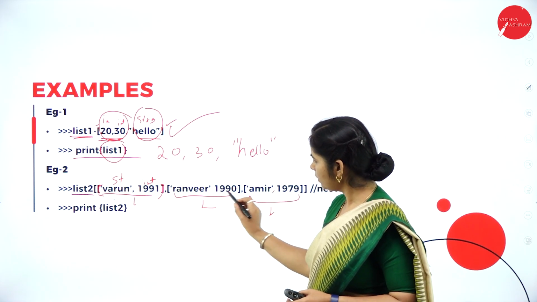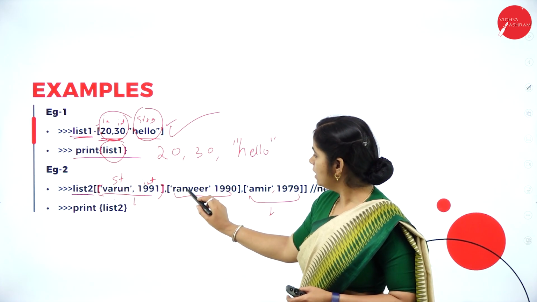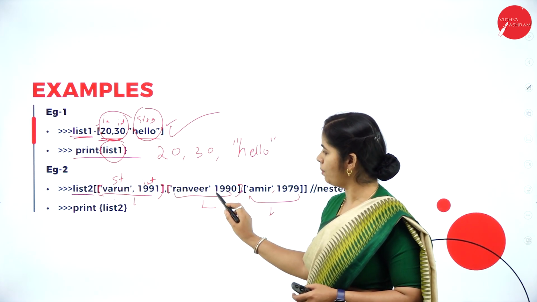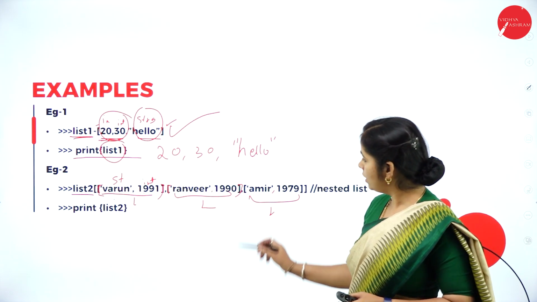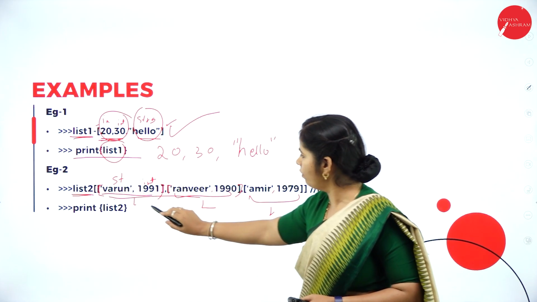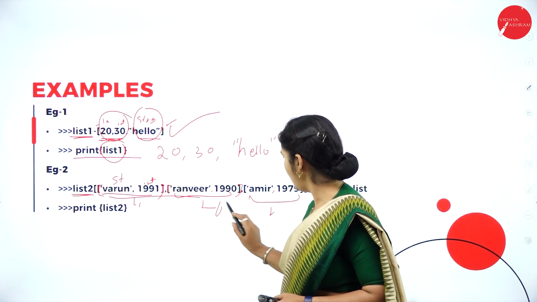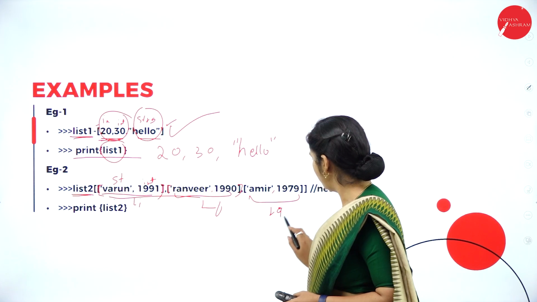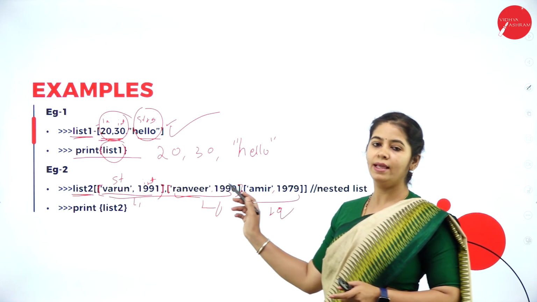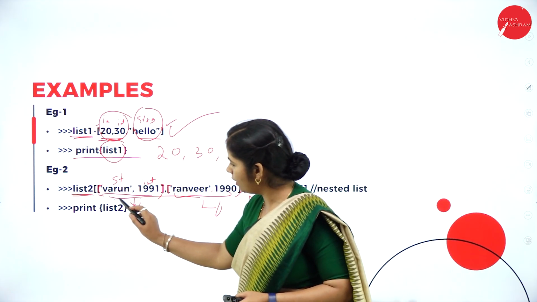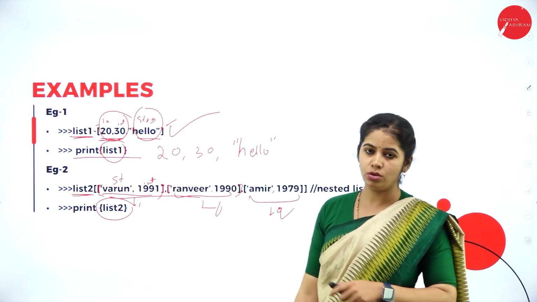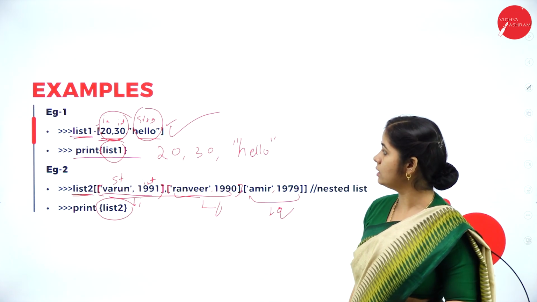Here we have a combination of strings and integers enclosed within square braces and separated by commas. So we can have list 2 as a nested list of list i, list j and list q. So you can have a list within a list. What will it print? Print list 2 will print all the values. So it is called a nested list.